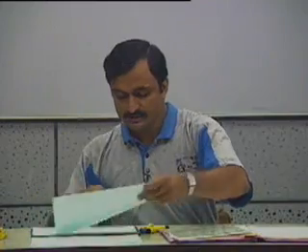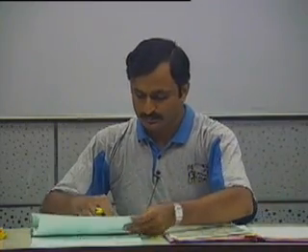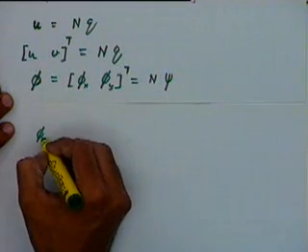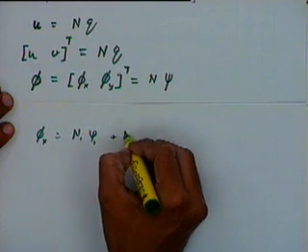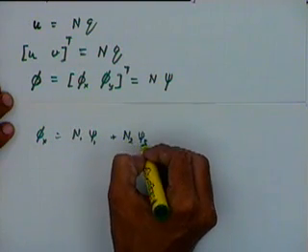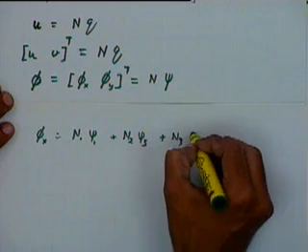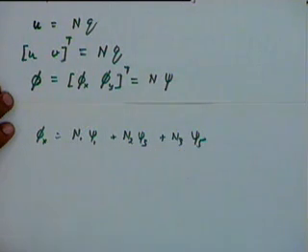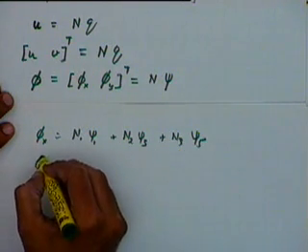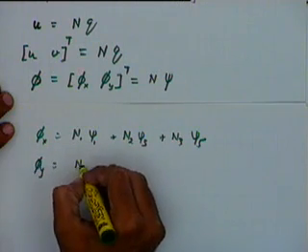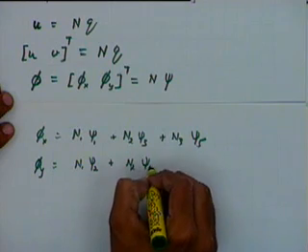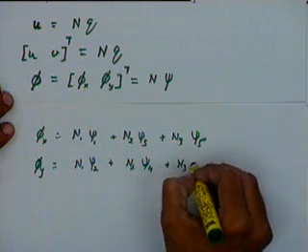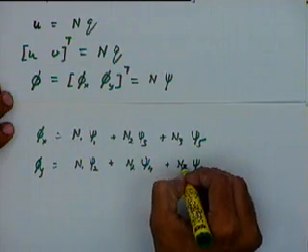What that means is phi x is equal to n1 psi 1 plus n2 psi 3 plus n3 psi 5, and phi y will be equal to n1 psi 2 plus n2 psi 4 plus n3 psi 6.